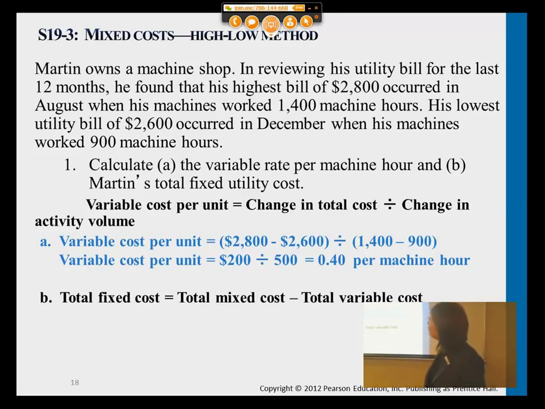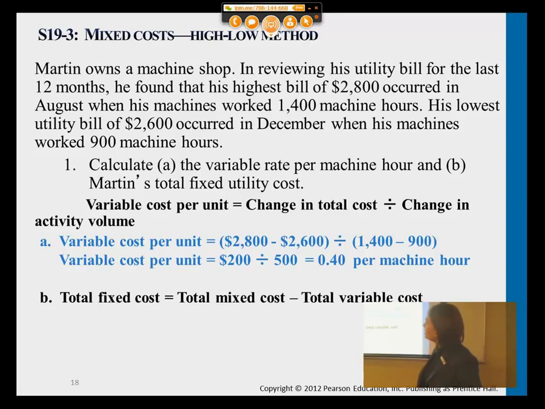the highest. Okay, so my mixed cost I know is $2,800, and my variable cost is what? How do I find my variable cost? 2,800 minus 0.4 times 1,400. Yes, very good.